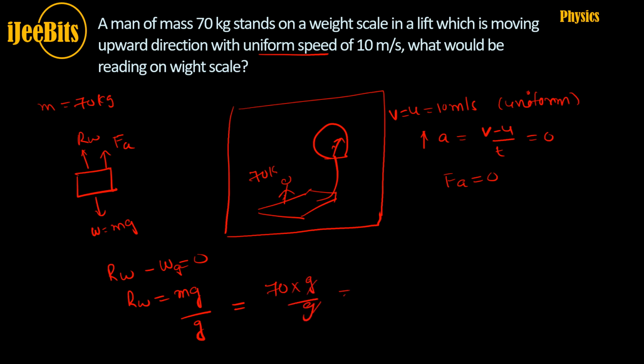So done. What you get is 70. So your reading scale should show only 70 kg. Clear in this case? If there is a non-uniform speed, then the value will vary. That is most likely the case you can think of. Are you clear? This is a good concept.